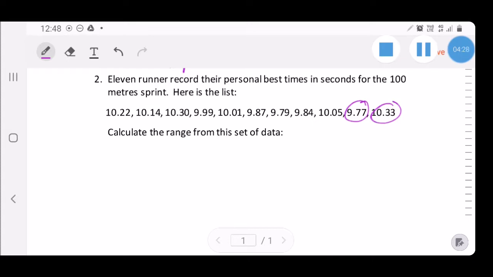Okay, so what is the range? I'm going to write range equals worst time minus best time.